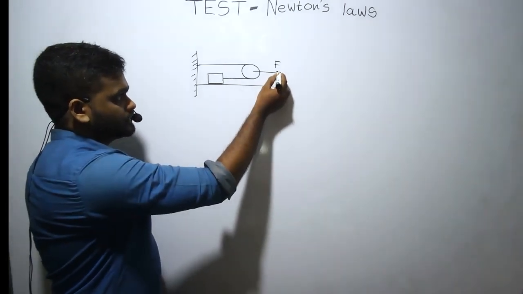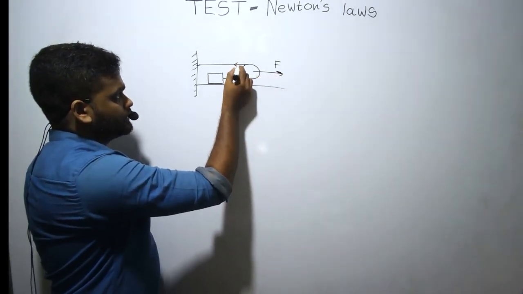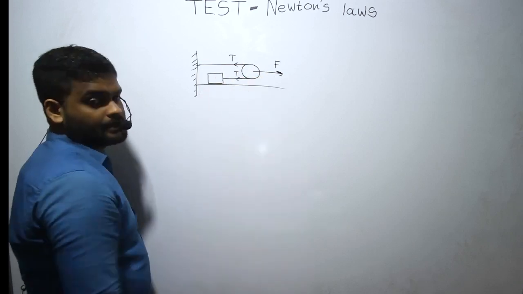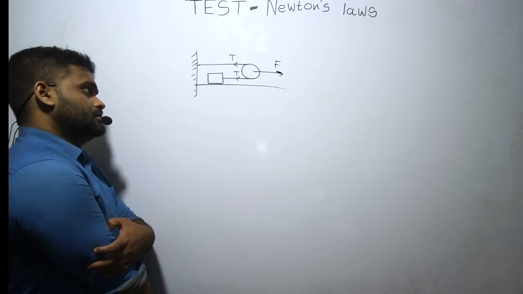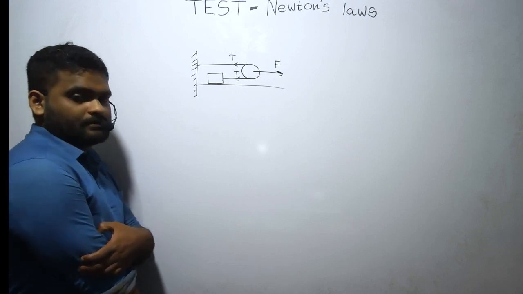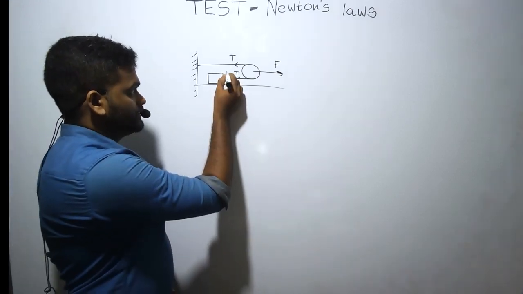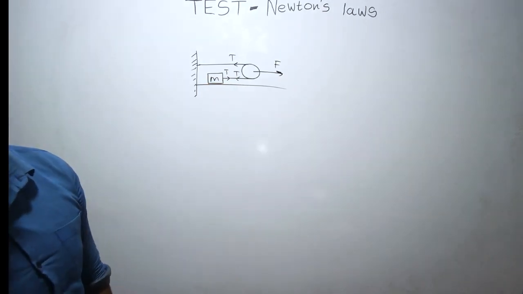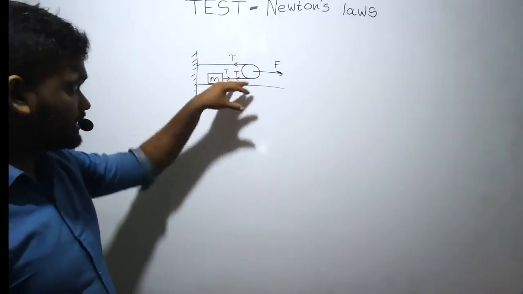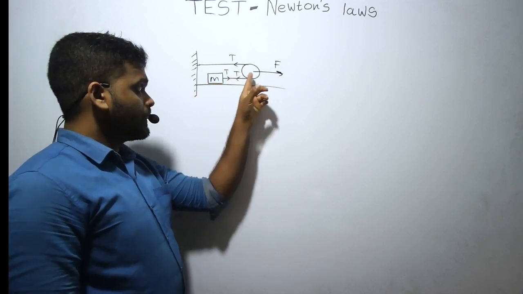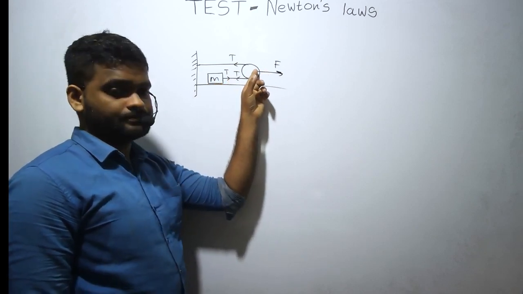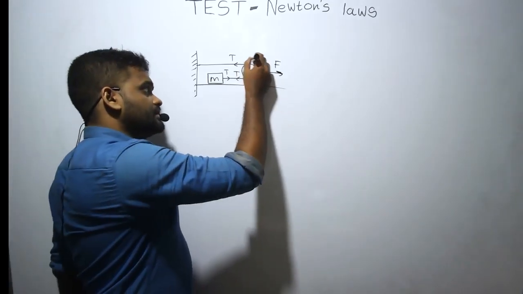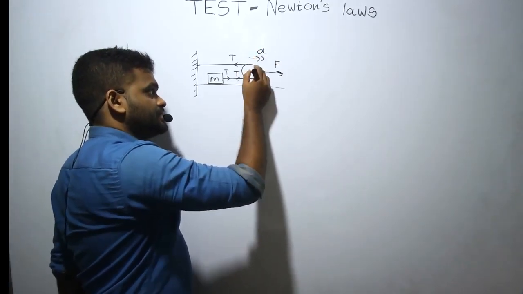So capital F here, let's say tension is same everywhere, light, inextensible. So tension is same everywhere. There's just tension here. Then simple M is the mass. So what they ask is, under these conditions, you need an expression for acceleration of the pulley. So let's take that as simple A.